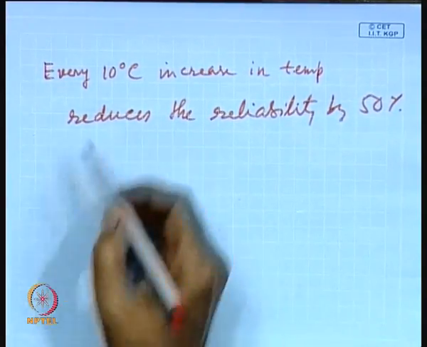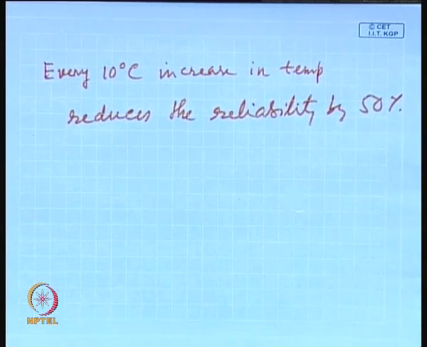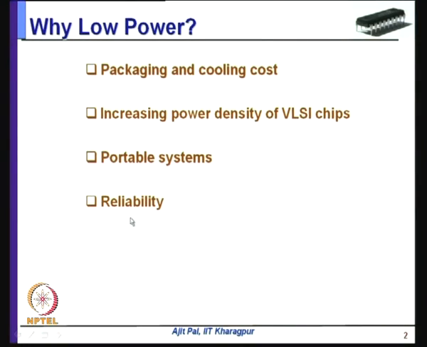So, you can see why low power is important. For reliable operation of the circuit, it is necessary to go for low power design, so that the temperature within the core of the chip is not very high.